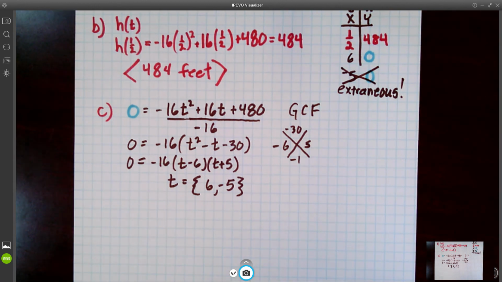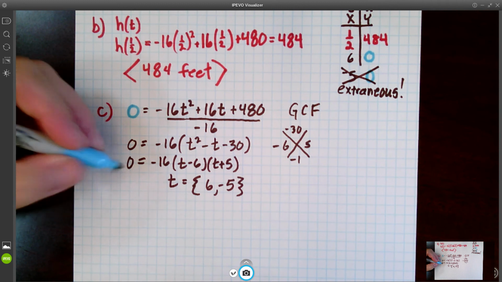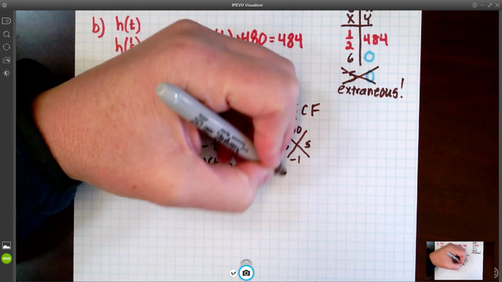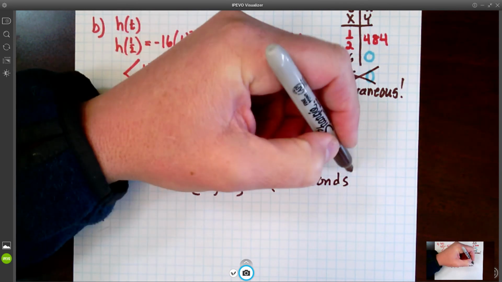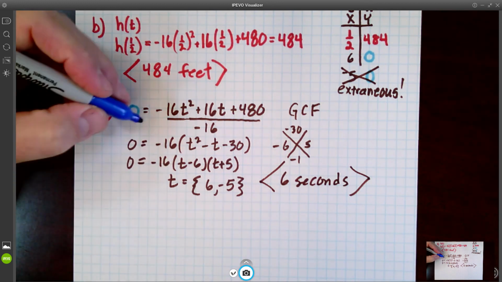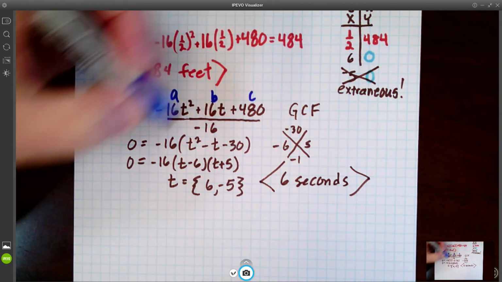So the solution here is 6 seconds. The other way you could solve this problem is by using the quadratic formula. We know this is a, b, and c.